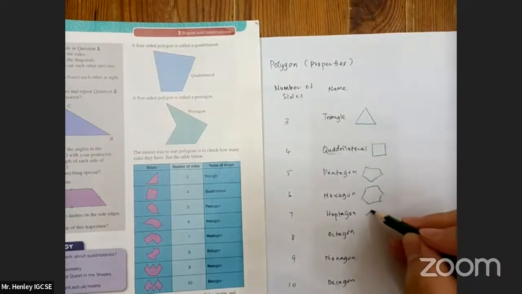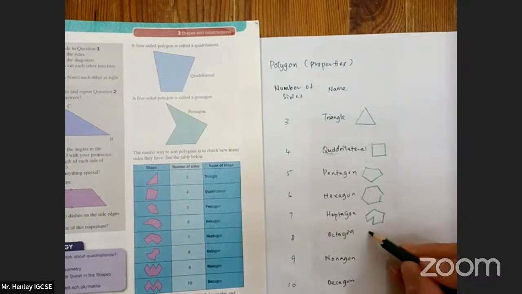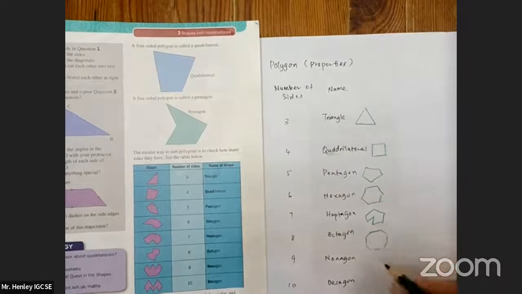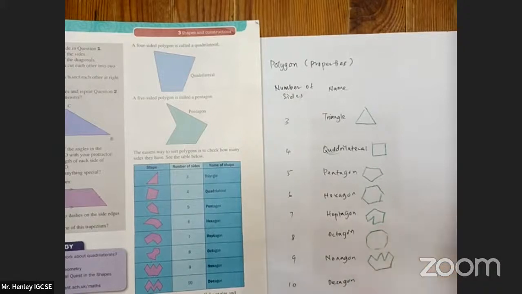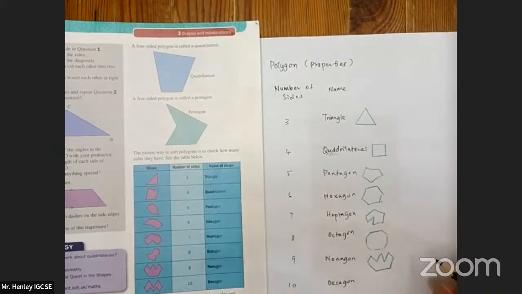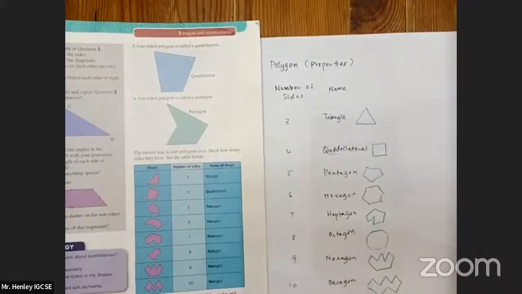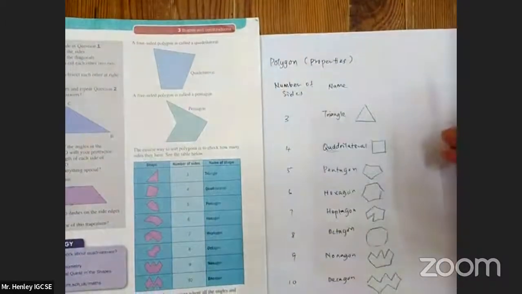Hepta means 7. Octa means 8. I will draw it this way, 4 and 4, to make 8. Nano means 9, and deca means 10.